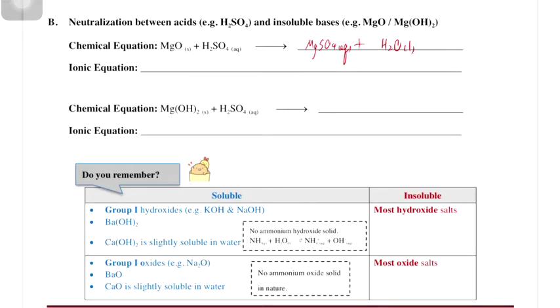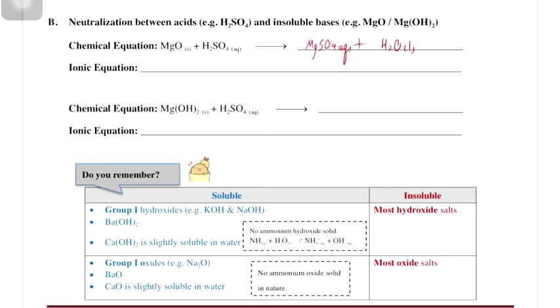You can see that the sulfate ion actually still remains as a mobile ion after the reaction. Because magnesium sulfate is soluble, it would appear as magnesium ion and sulfate ion. So the sulfate ion would cancel out. Sulfate ion is a spectator ion.